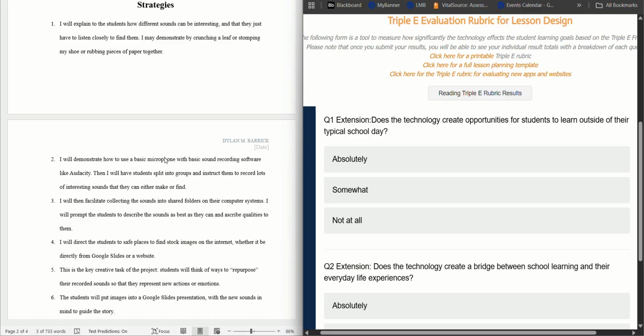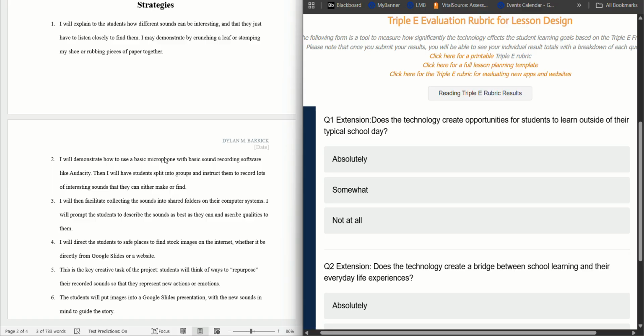So maybe not creating opportunities for students to learn outside their typical school day, but perhaps I could change it to make that possible, including maybe taking the microphones home and collecting lots and lots of different sound files that they can then go through with their group and pick out their favorite, most interesting ones or describe them.